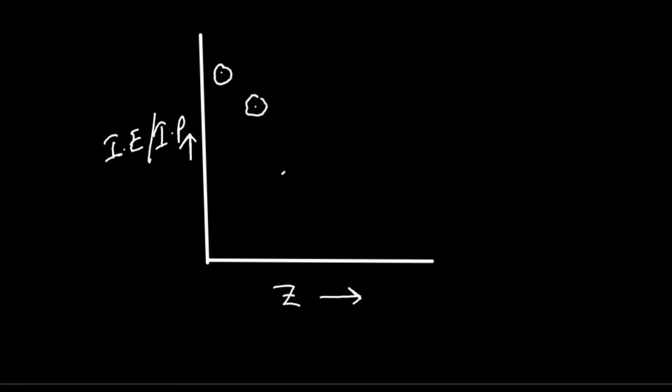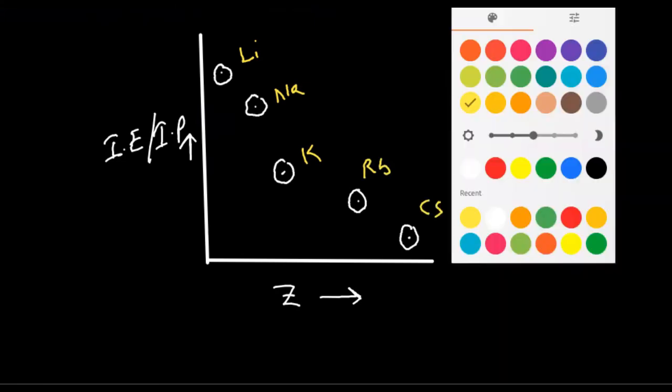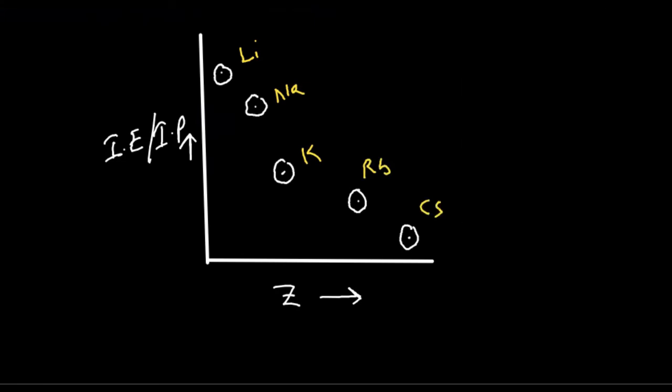Potassium will lie here. Rubidium will lie here, and cesium will lie here. So let me just write down the elements: lithium, sodium, potassium, rubidium, and this is cesium. So we just have to join the line. If you join the line, you will get this.